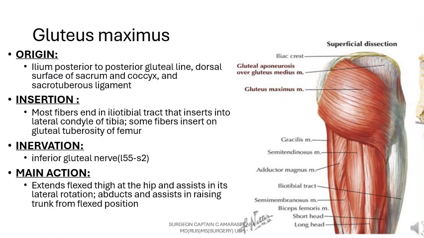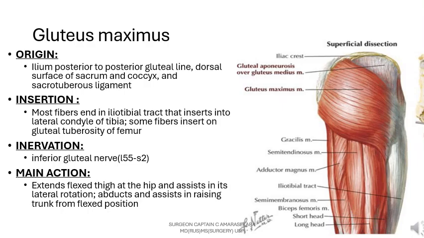Let's now revisit the gluteus maximus with a deeper anatomical lens, examining its origin, insertion, innervation, and functional significance. This muscle is not only powerful but also pivotal in maintaining upright posture and dynamic movements.